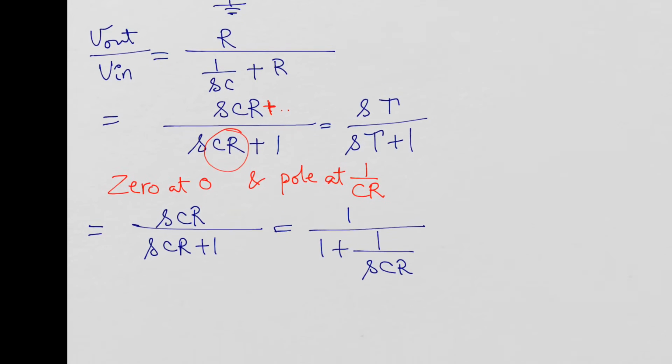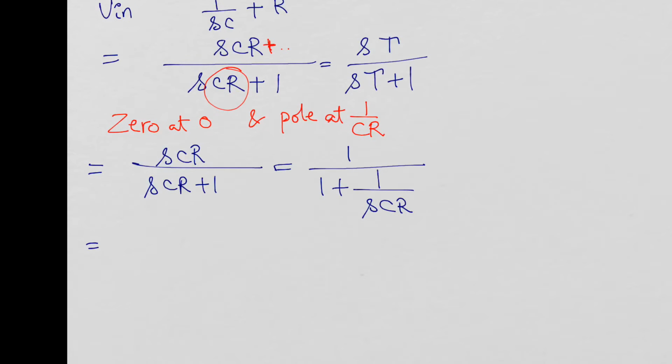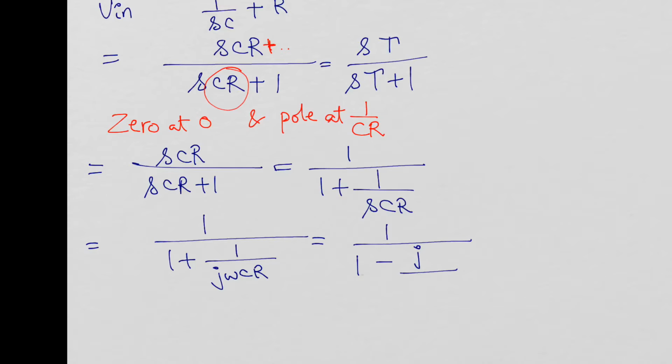This can also be written as 1 over 1 plus 1 over j omega CR, which can be simplified as 1 over 1 minus j over omega CR, because j squared is minus 1.